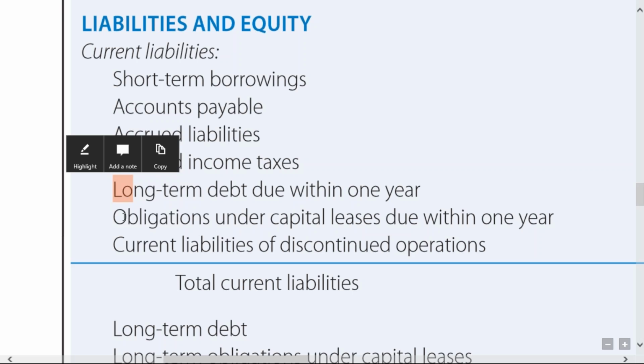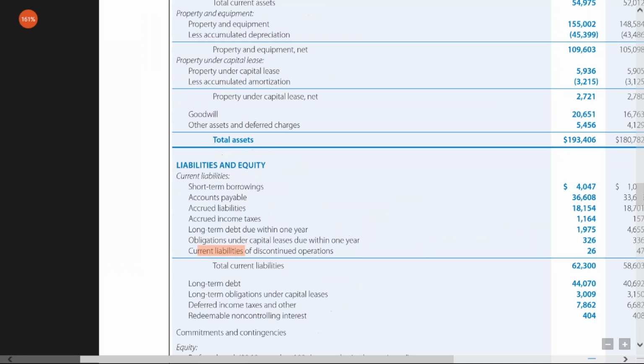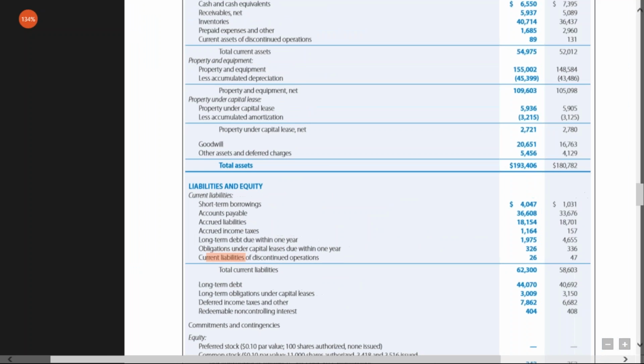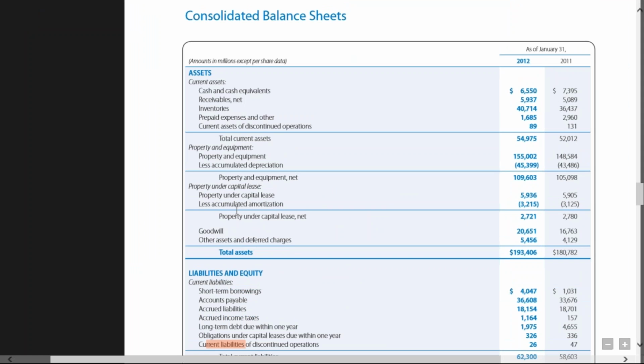This is debts. This is debts, and this is non-recurring. Why don't you include discontinued operations? Because it's extraordinary. Yeah, we want things related to our operating. Correct.